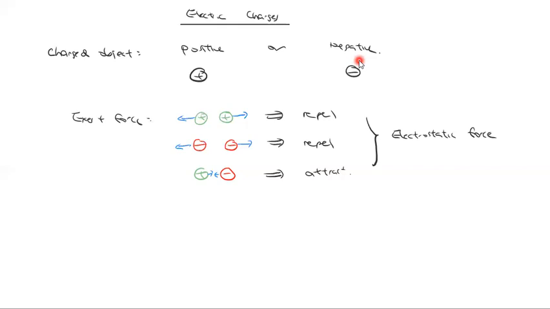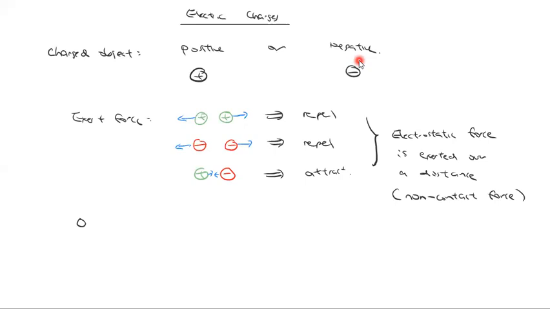And this electrostatic force is exerted over a distance. So when we were doing forces earlier, we talked about different types of forces, and this is one type of force, and it's considered a non-contact force because the particles do not need to be together to feel this force.